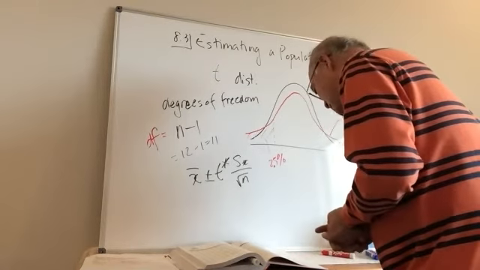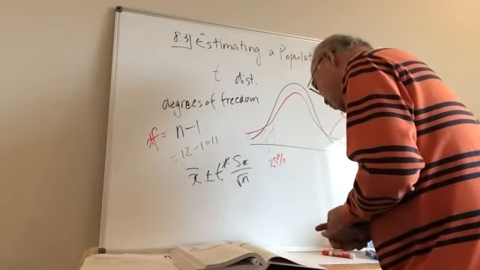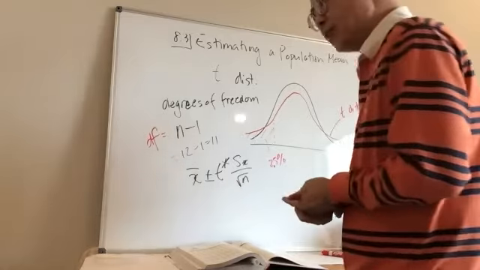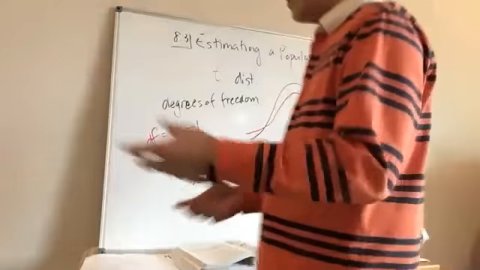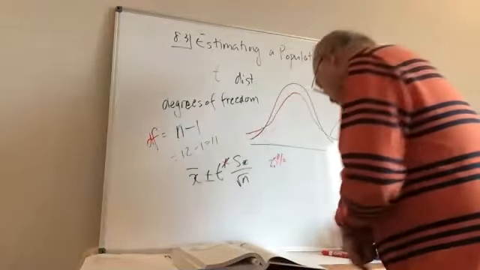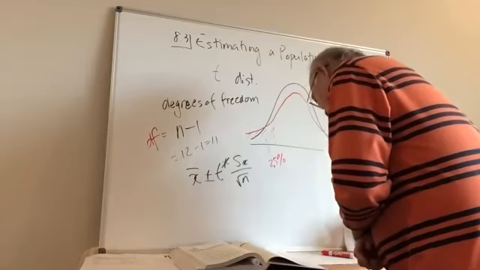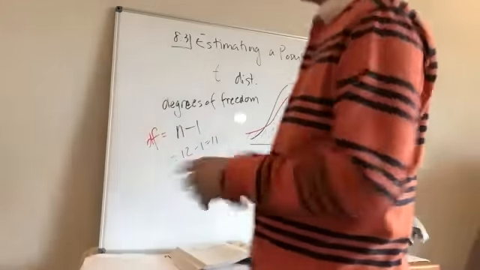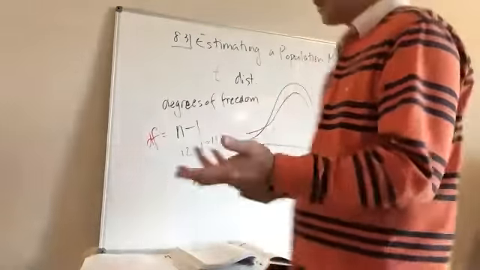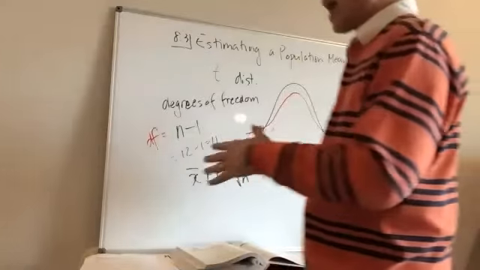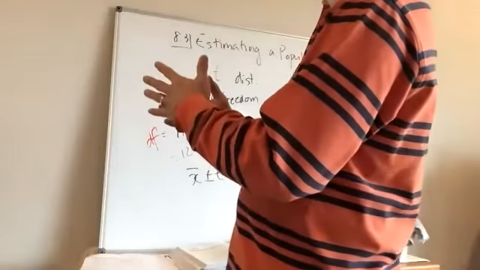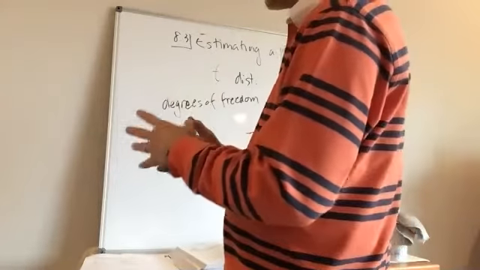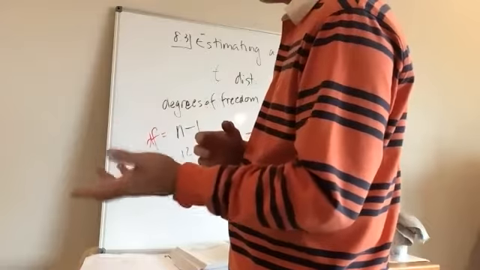The 90% is 1.645. That is also familiar because it's the same one we use in the normal distribution tables, okay? 99% is 2.576. These are all numbers that you used before, okay? So as the degree of freedom gets larger and larger, you get closer and closer to a normal distribution.